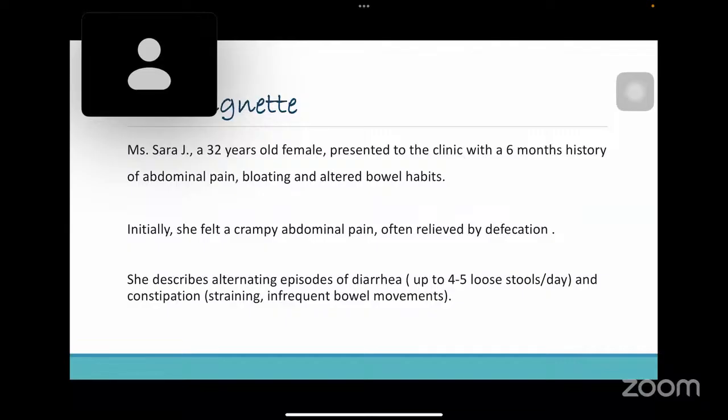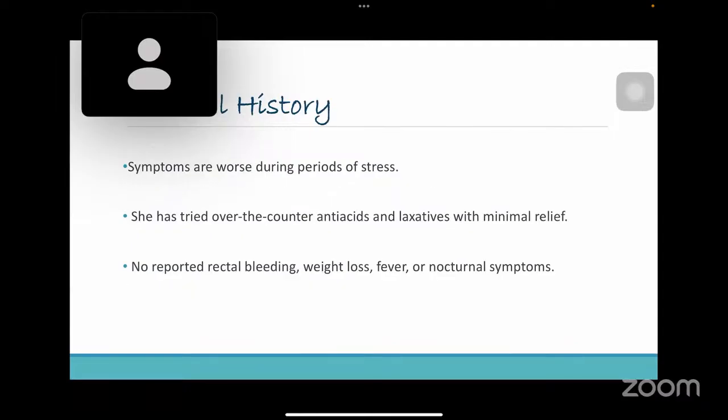Okay, so our patient for today is Miss Sarah, a 32-year-old female who presented to the clinic with a 6-month history of abdominal pain, bloating, and altered bowel habits. Initially, she felt a crampy abdominal pain, often relieved by defecation. She describes alternating episodes of diarrhea and constipation. Her symptoms are worse during periods of stress.